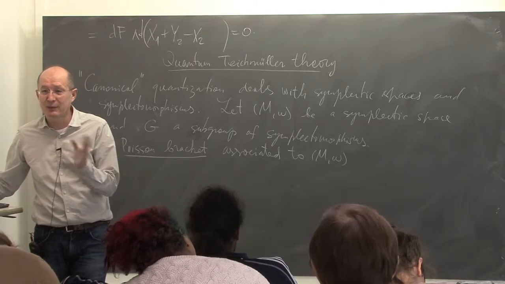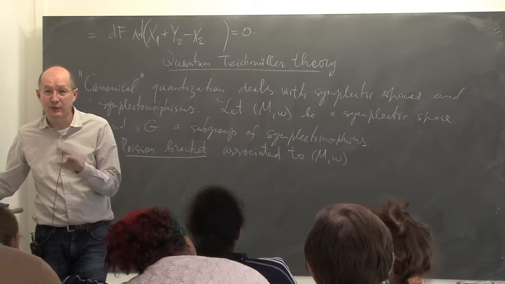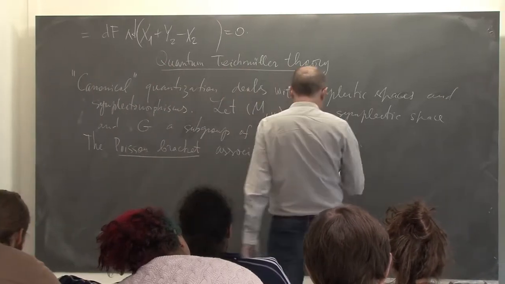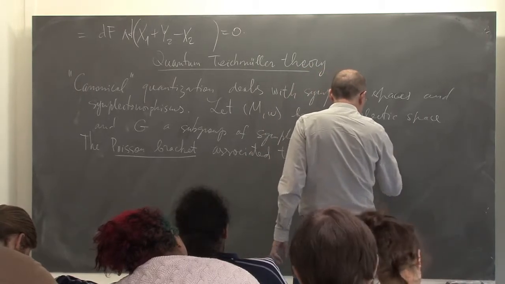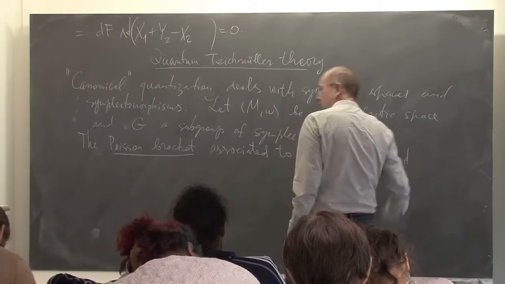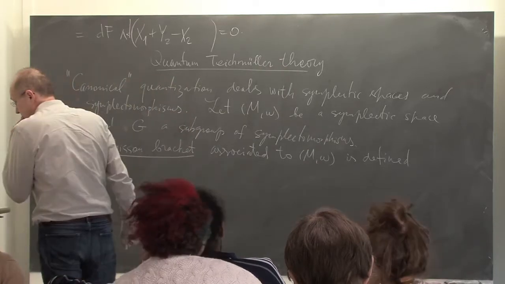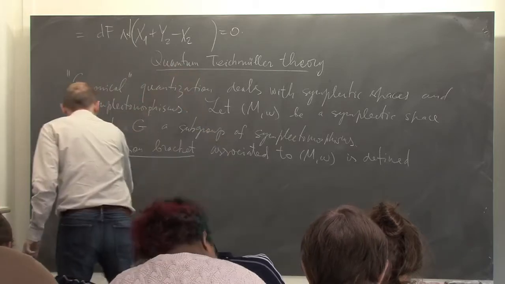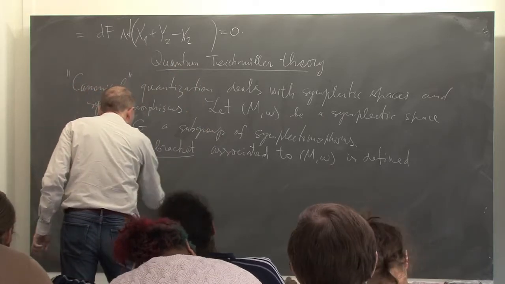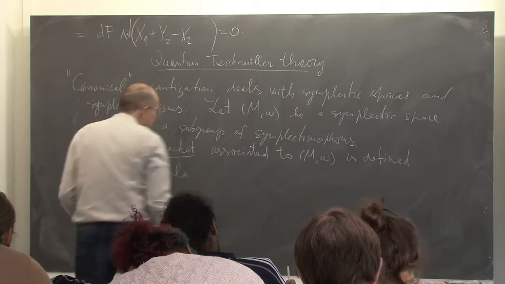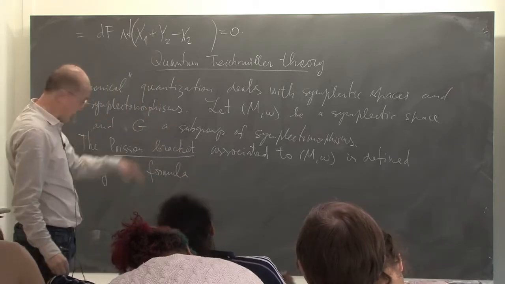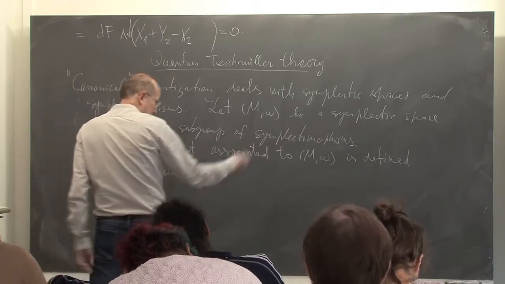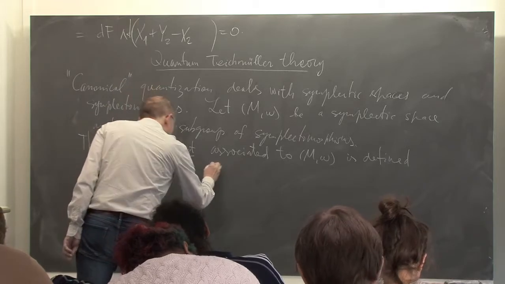So it's some binary operation on the set of functions on the symplectic space, associated to (M, omega), defined by the formula. But if you don't know the definition, we will see that it's not a big problem because we will manipulate the concrete things. So that's the thing.